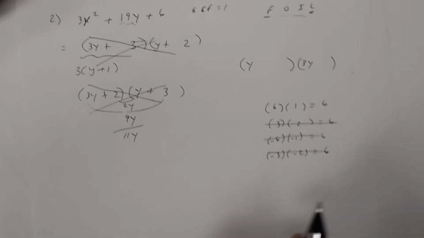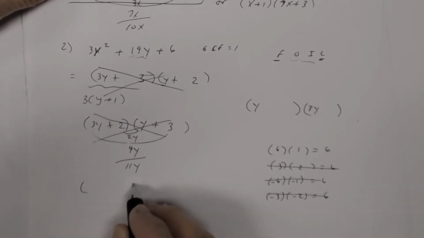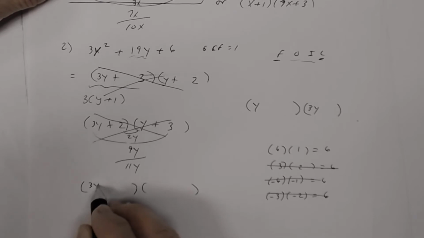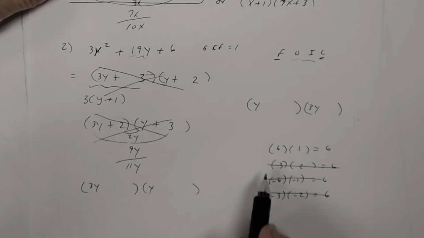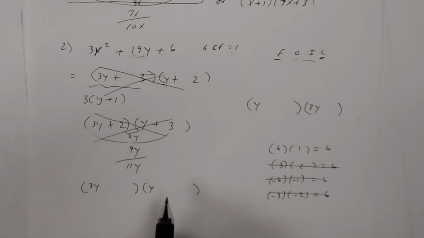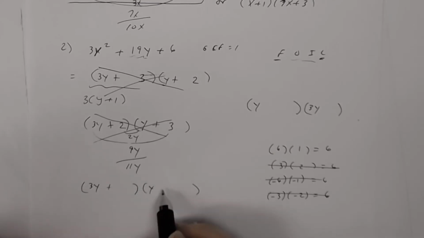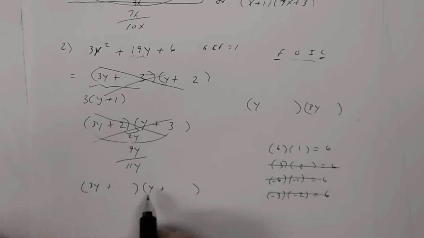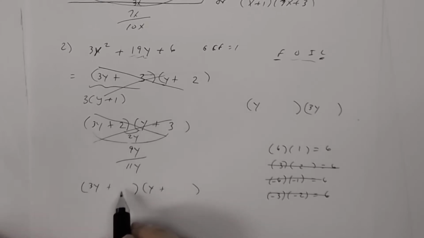So let's try 6 and 1. All right, so I have 3y and y, right? Now again, we're trying 6 and 1. So here's my question to you. Remember this is still plus plus: 3y plus, and then y plus. Are you going to put the 6 here? No, you're not going to put the 6 here, for the same reason.